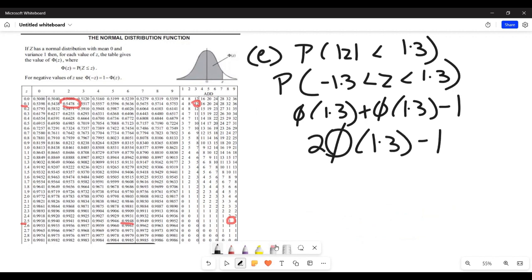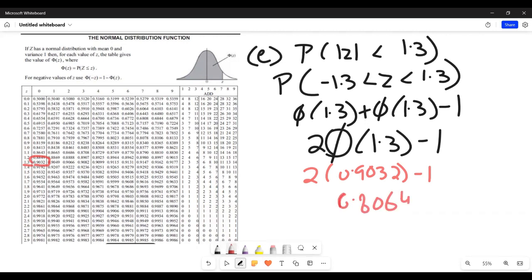Okay, so 1.3 is just going to be this 1.30, which is 0.9032. So 2 times 0.9032 minus 1 is 0.8064.